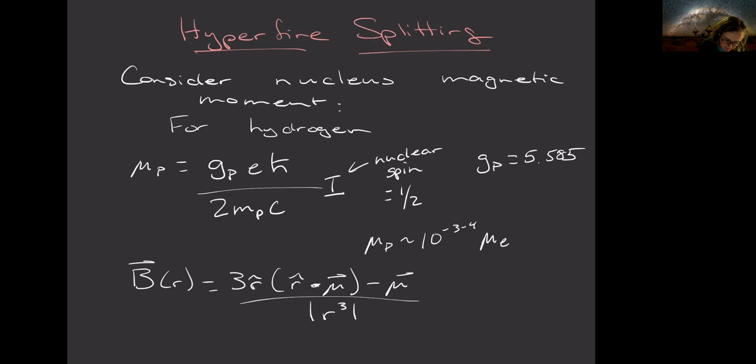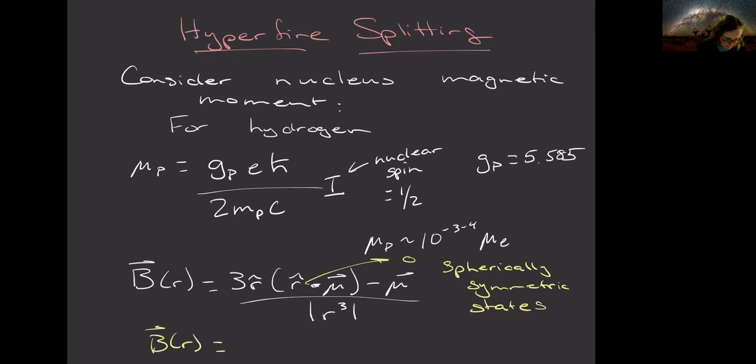Now this first term goes to 0 for spherically symmetric states. And that means that for the S state, B of r is very simply the magnetic moment of the proton over the radius cubed for S states. So here we're dealing with, of course, the S state of hydrogen.